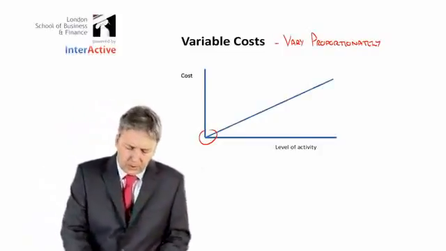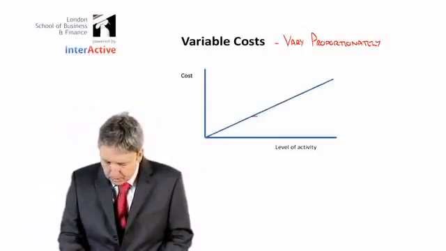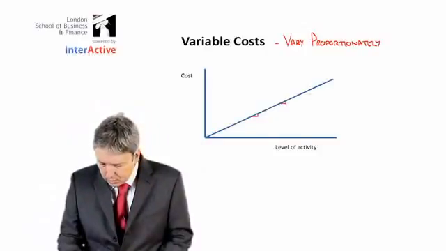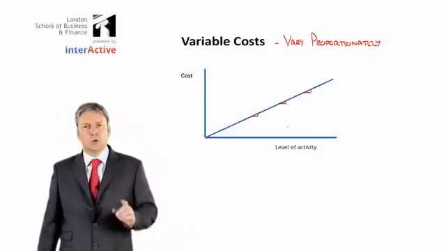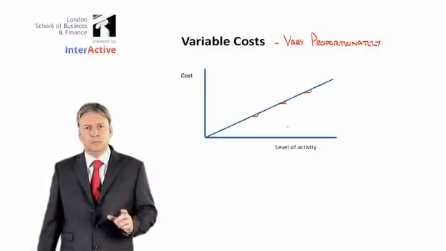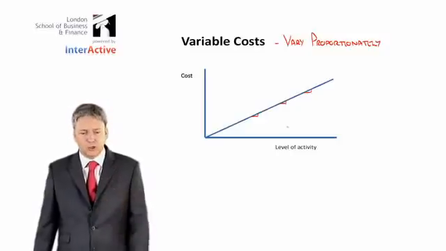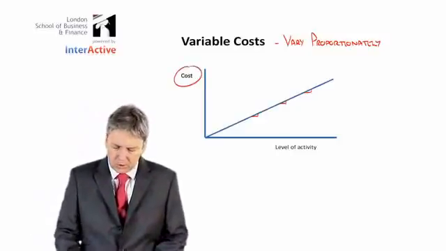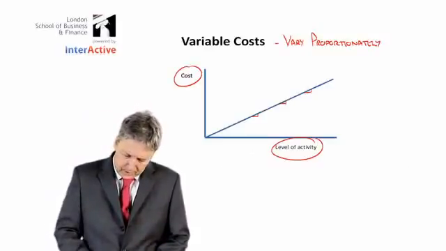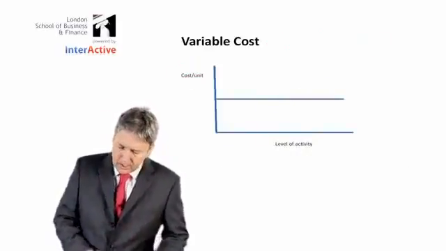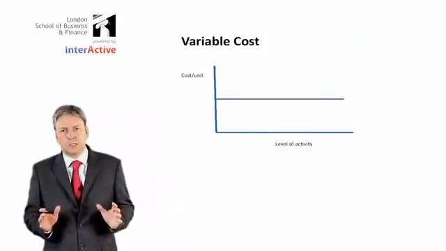Now, the important thing associated with that proportionate rise is that if we look at the gradient, we see that the gradient is a constant at all points on that line. And of course, the gradient shows the cost per unit. So, if that's the case, what we can say about variable costs is this.